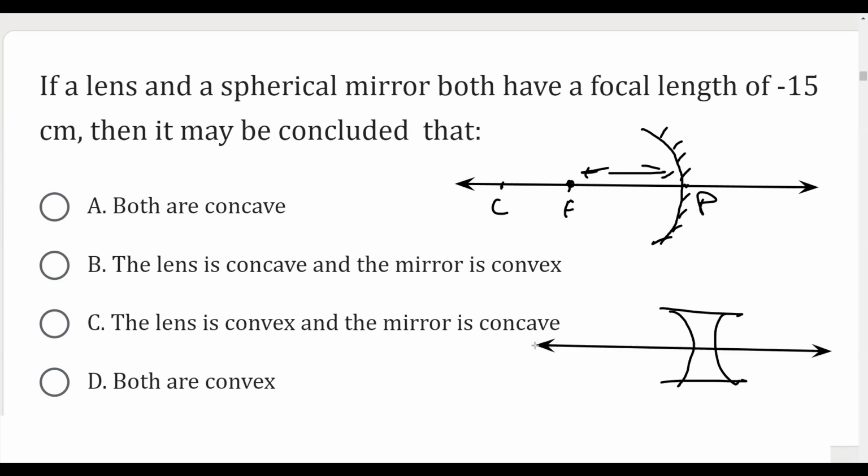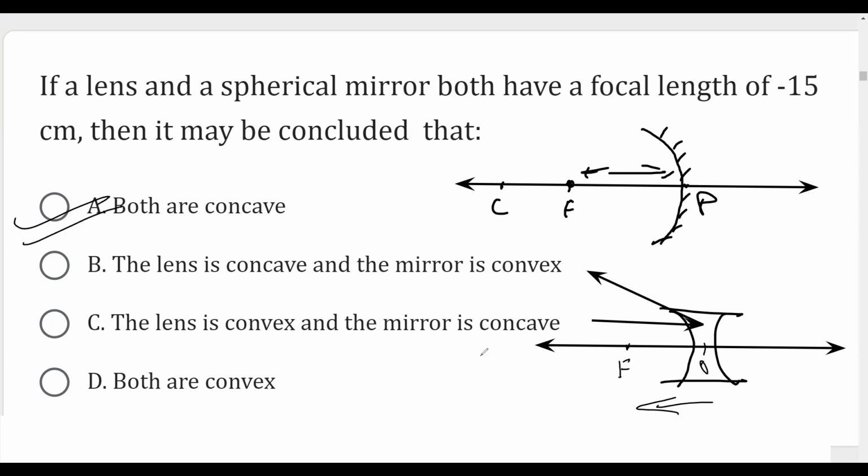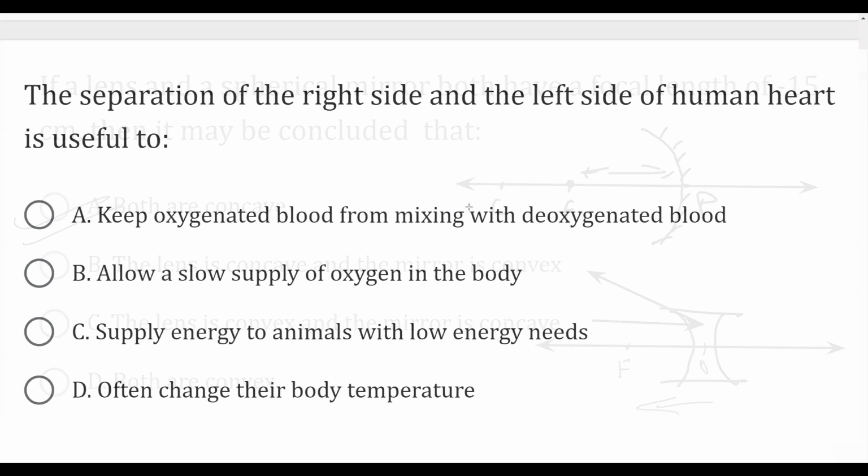The rays of light passing through it diverge like this, and we say its principal focus is on this side, that is, on the left hand side of the lens. As we know, anything measured from the optical center to the left should be taken as negative. So we'll say that option A is correct.